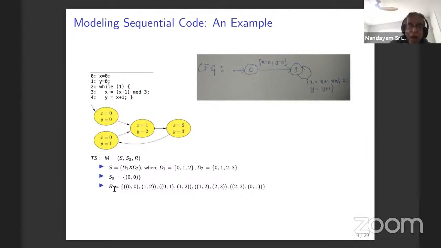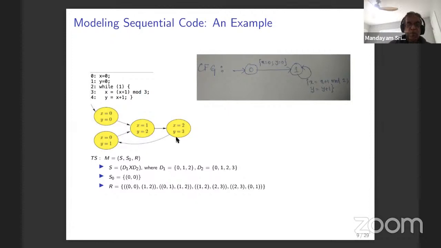Okay, and then R is a relation, which exactly says what the values are, and when you're in a particular state, what the next state should be. So if you're in state 0, 0, the next state will be 1, 2.